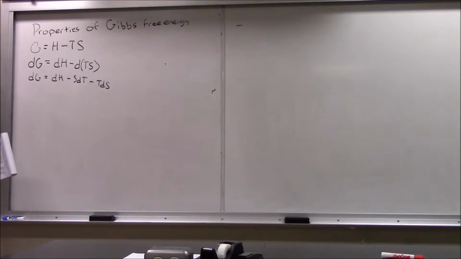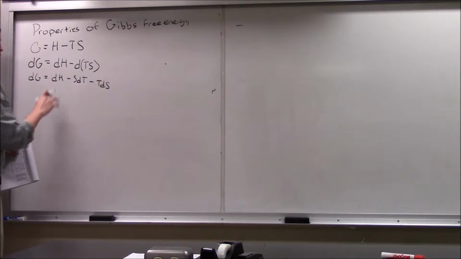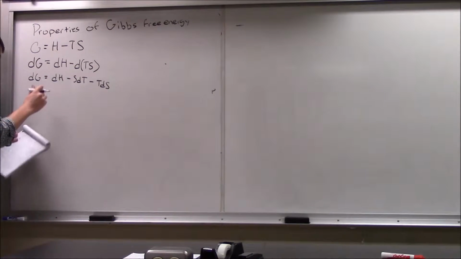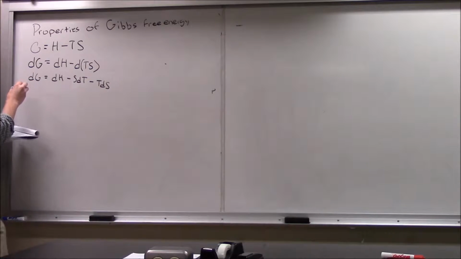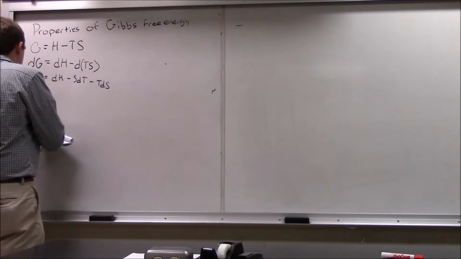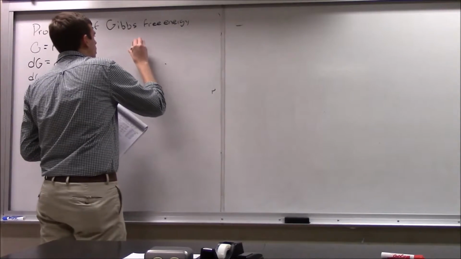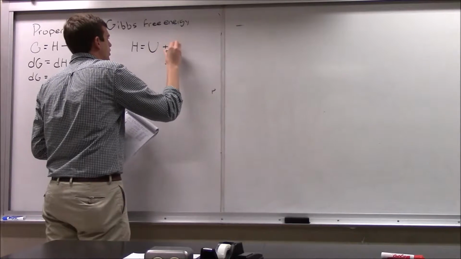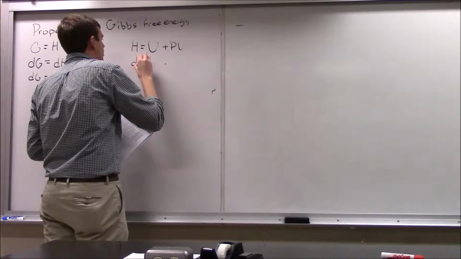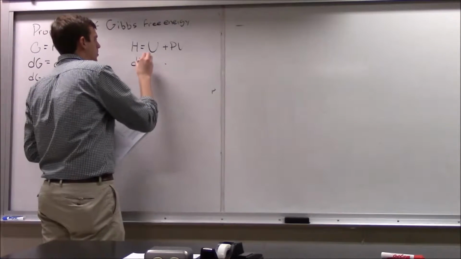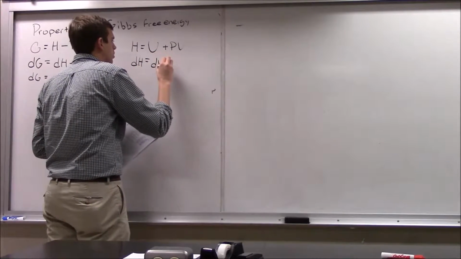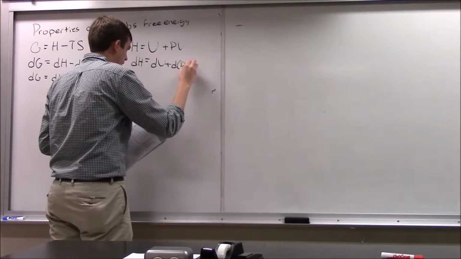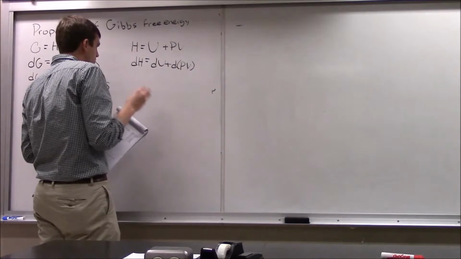Now, what we're going to do is subsequently plug in our dH term based on our enthalpy. So, I'll start here, our enthalpy is equal to our internal energy plus PV. If we look at infinitesimally small changes in our enthalpy, this is equal to dU plus the d of the product, P times V, pressure and volume.